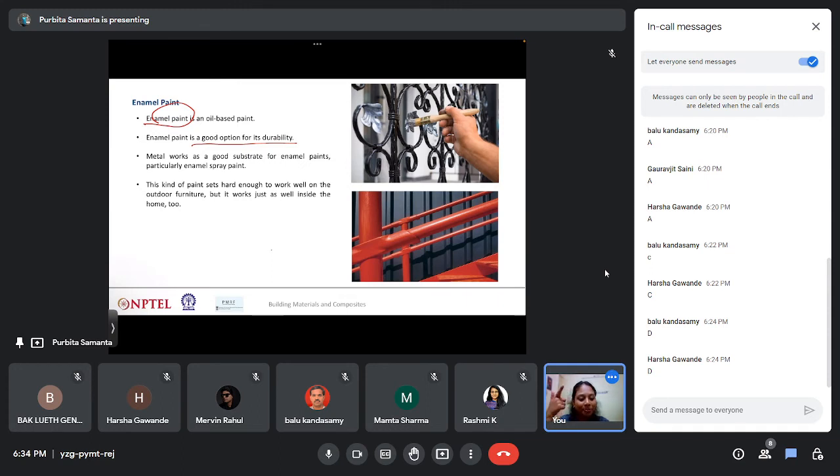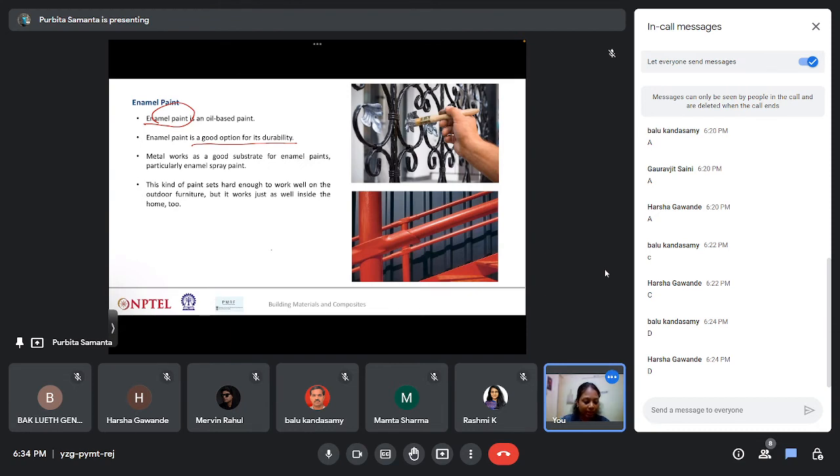So if you put enamel paint over metal, it is going to last very long. The durability increases manifold. That is one of the reasons why enamel paints are applied on top of metal works, because it acts as a very good substrate for enamel paints. And that is what enamel paint is all about.